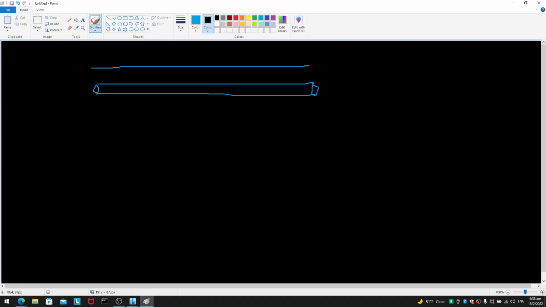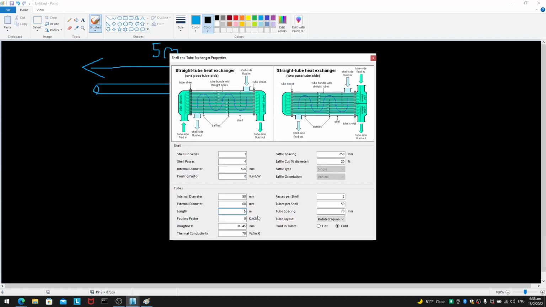There will be the length of the tube. For single pass, it's quite straightforward what this length means. But for 2 pass, I think the effective length you have to times 2, or maybe this length is the total length. I'm going to assume this length should be the length of 1 pass through the shell and tube heat exchanger.